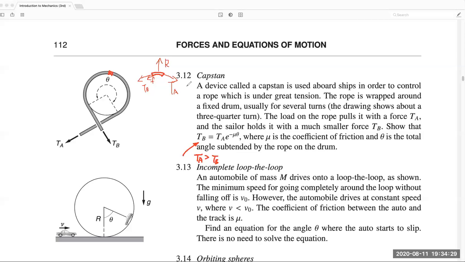You can't say this tension to be TB and TA, because they are not equal to the tension at the end.